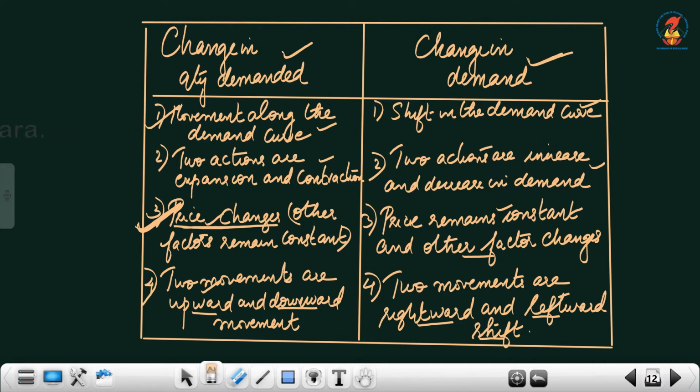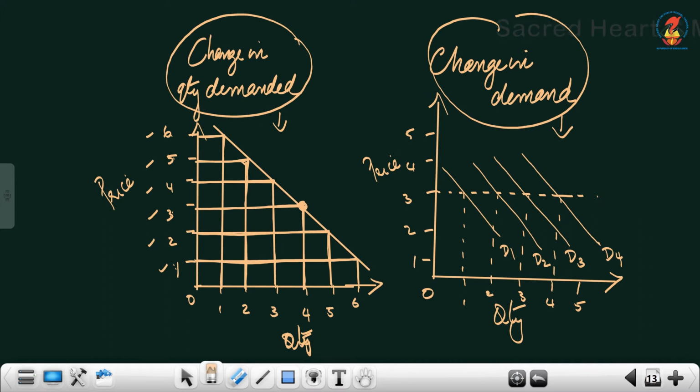Movement along the demand curve is observed in change in quantity demanded. To explain this particular point, let us move on to the diagram. Here let us take this particular point, price 3 and quantity 4, as the point of study.